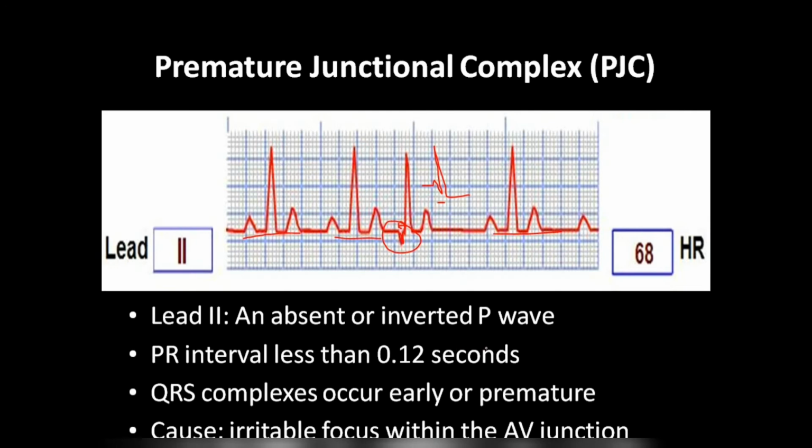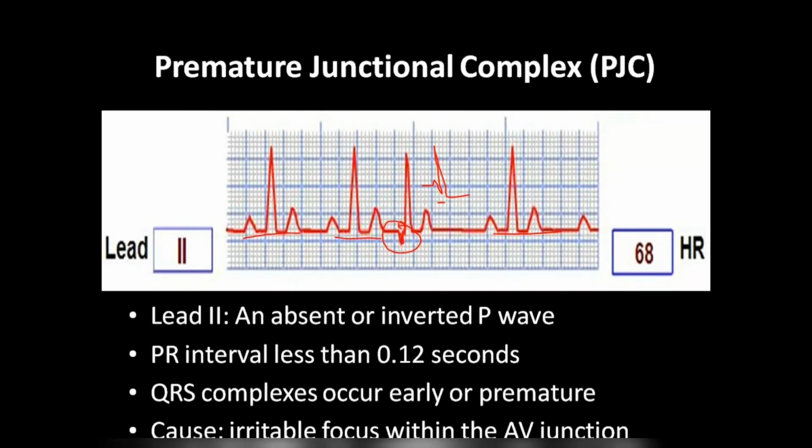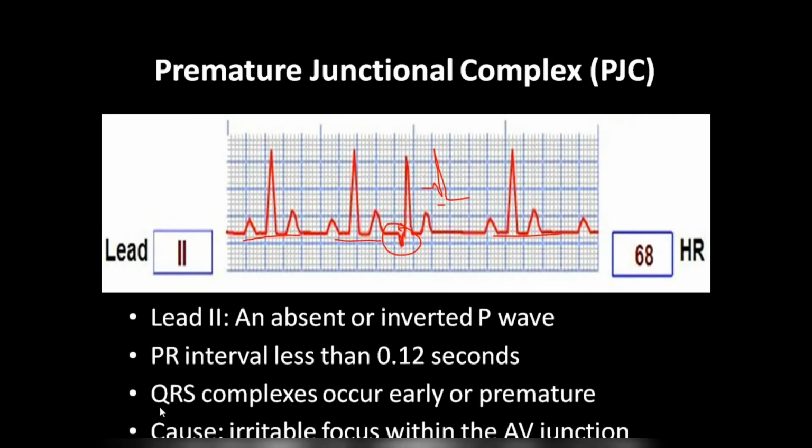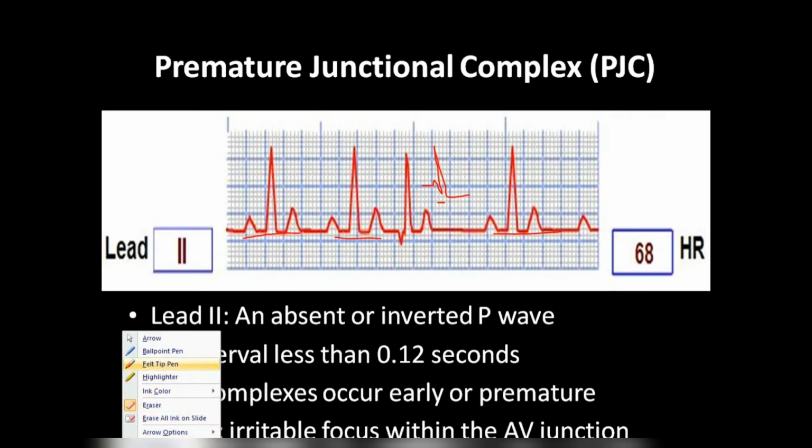Okay, so the irritable focus within the AV junction is the cause for this kind of rhythm. So this is what is called a premature junctional complex.